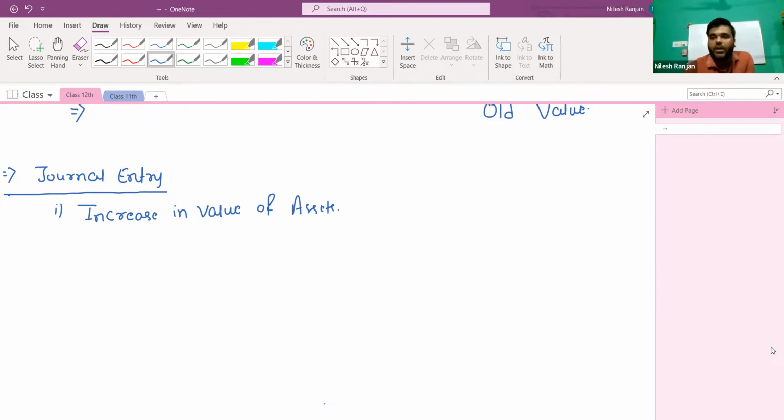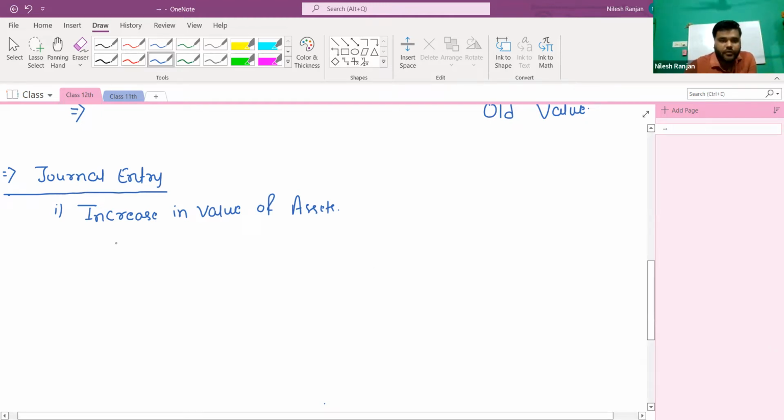That's why revaluation account is on the credit side. So we will write the entry: assets account debit to revaluation account. Is there any doubt in this? No, sir.